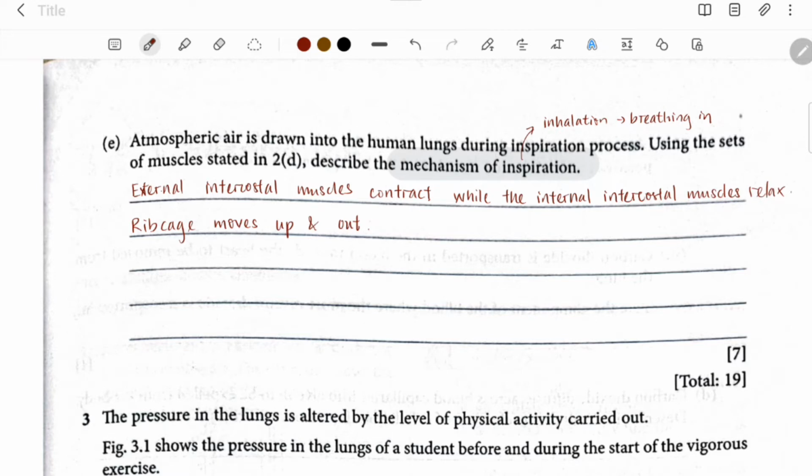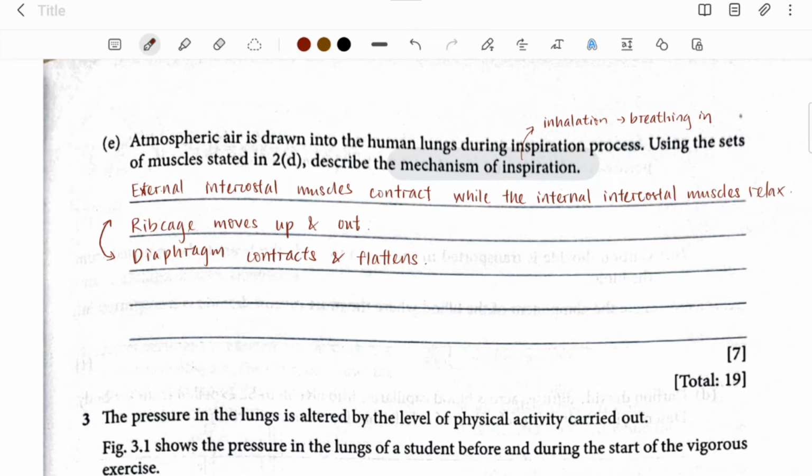And then at the same time, diaphragm contracts and flattens. Okay, actually these 2 points you can change the sequence.